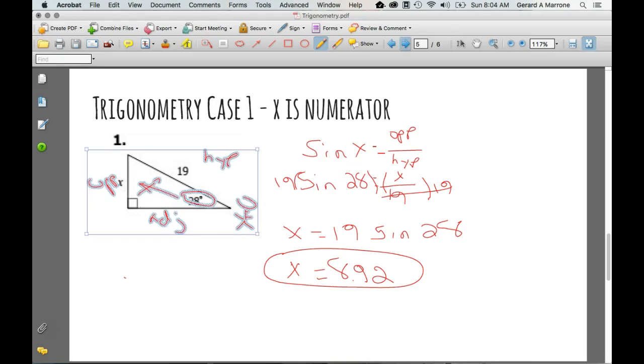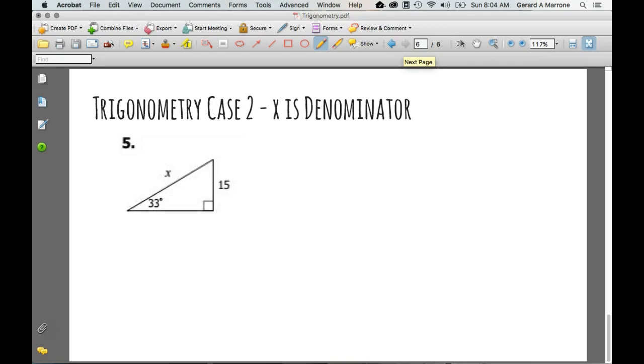Okay? The second case that we'll look at, and these are the two that you'll work with today, are when x is the numerator, and then case 2 when x is the denominator. So in this picture here, we've got our 33-degree angle here. That's our focal point. So I'm going to put my stick figure there. Straight across from that is my opposite side. Straight across from the right angle is my hypotenuse, and then I've got my adjacent side here.